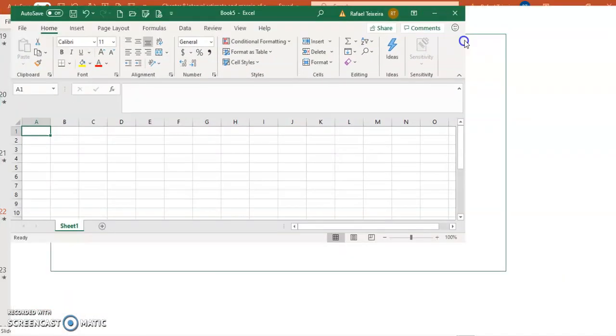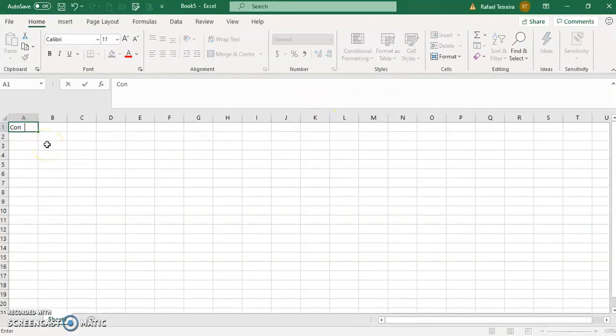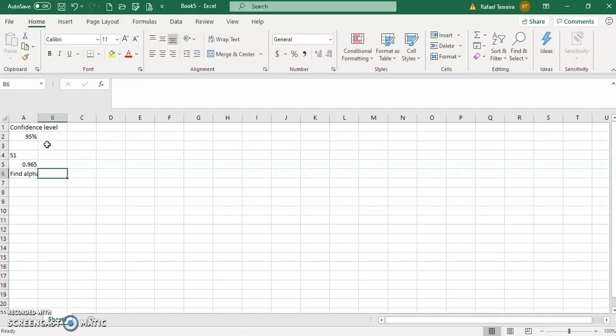In Excel, let's say the confidence level is 95%. That's the confidence level I want. So step 1 is turn this percent into a coefficient, 0.95, and find alpha. How do I find alpha? I do equal 1 minus this coefficient. The coefficient is 0.95.